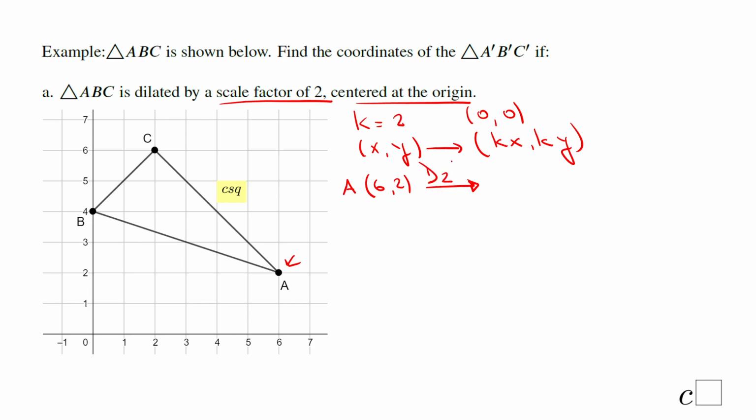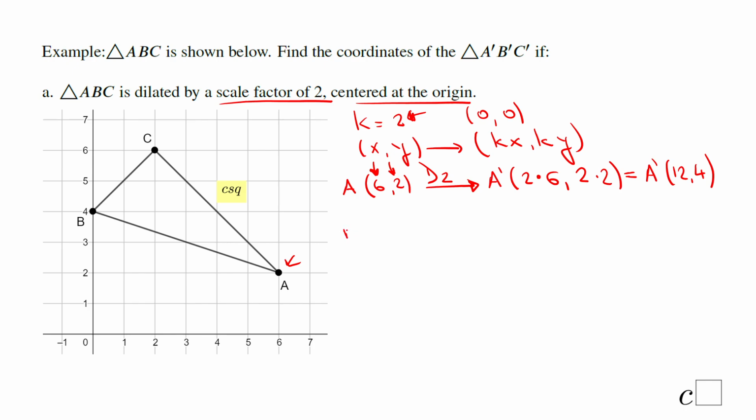I'm going to write it like this, and A prime will be the scale factor, that is the k, times the x coordinate, times the 6, and very similar for the y coordinate, the scale factor times the y coordinate too. And we can simplify what we have here, and we end up with A prime being 12 and 4. So this is the new point if we dilate by a scale factor of 2.